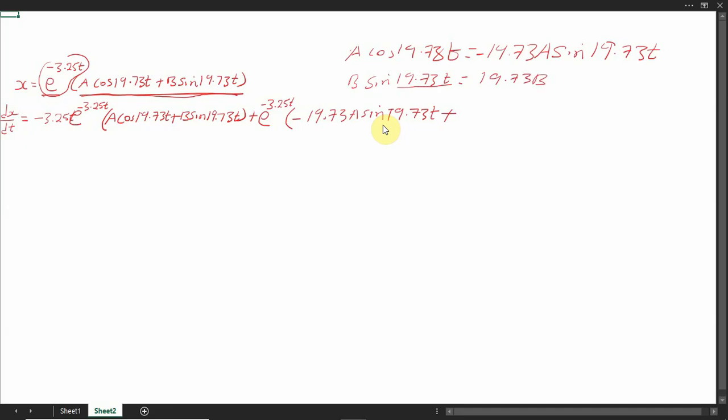Now if you differentiate sine, you will get cos, so you put on the cos, then you bring out the 19.73. So when you differentiate b sine 19.73t, you end up getting 19.73 b cos 19.73t.